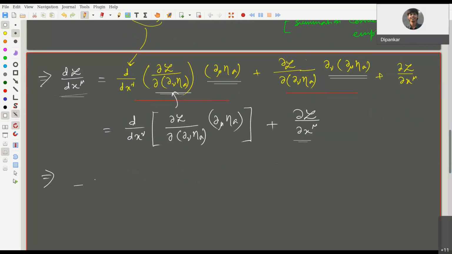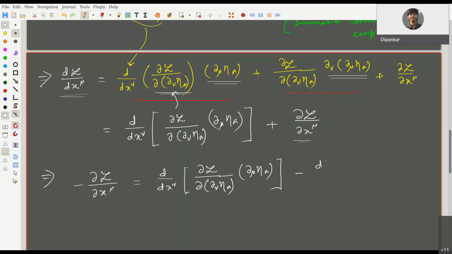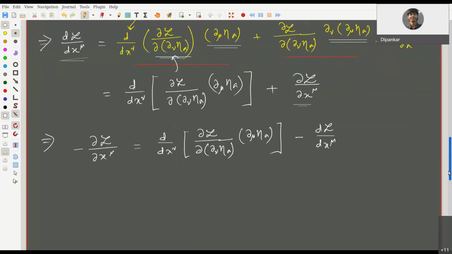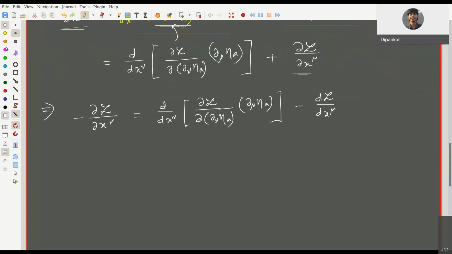So I will write minus del L del x mu equals d dx nu of del L del of del nu eta A times del mu eta A, this thing, minus dL dx mu. All right.